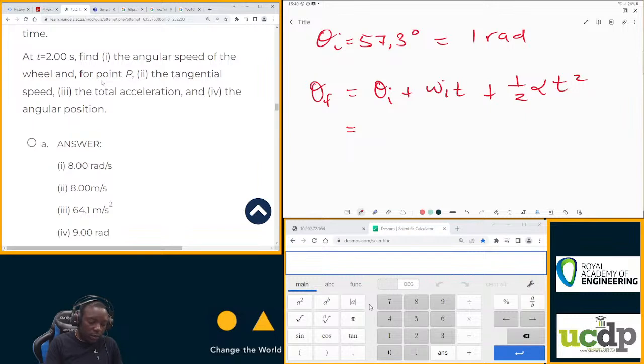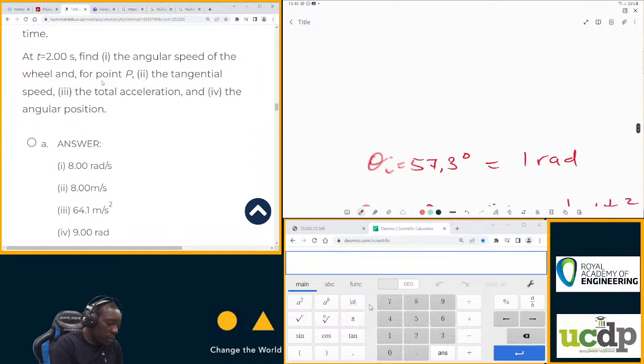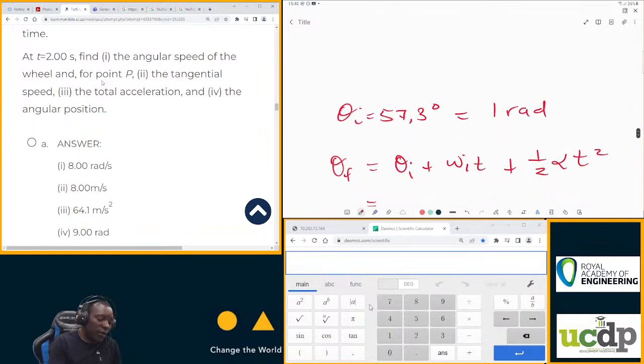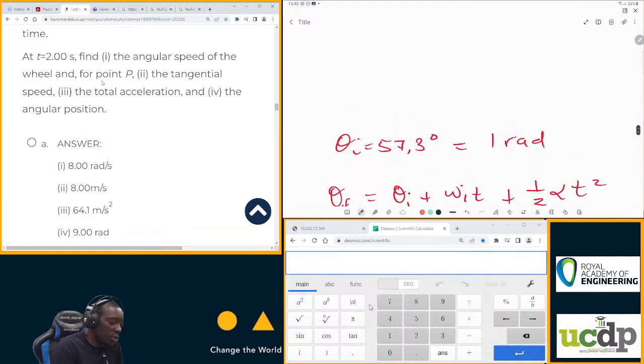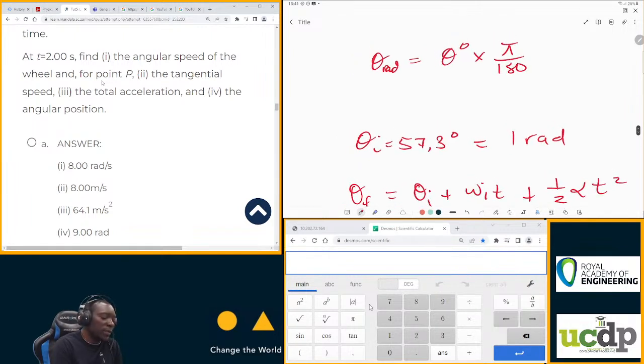You can simply use the functions on your calculator to give you 1 radian from 57.3, but mathematically, theta in radians equals theta in degrees times pi over 180, or 2 pi over 360.